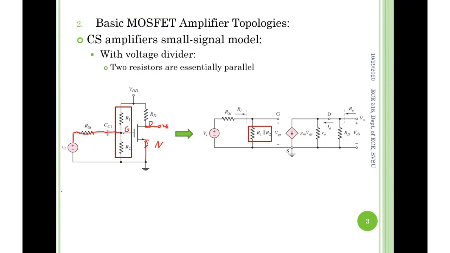All right, this is the solution for the small signal circuit. You remove the top DC source and keep the AC source here, and then place the N-channel MOSFET small signal model right in the middle.